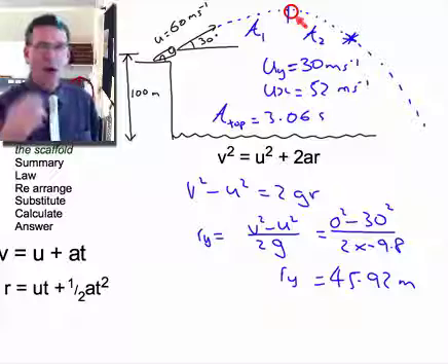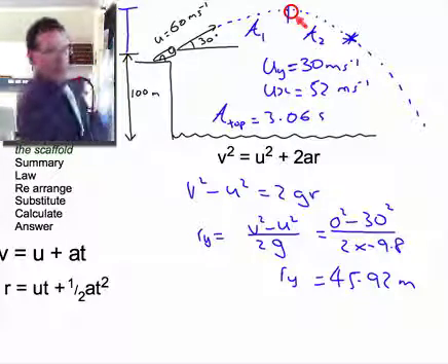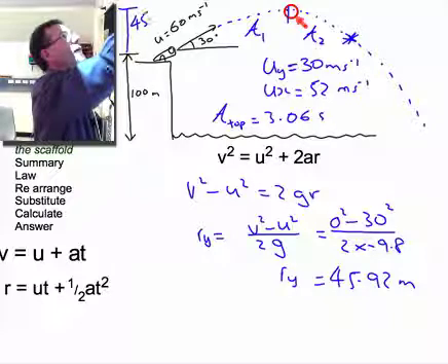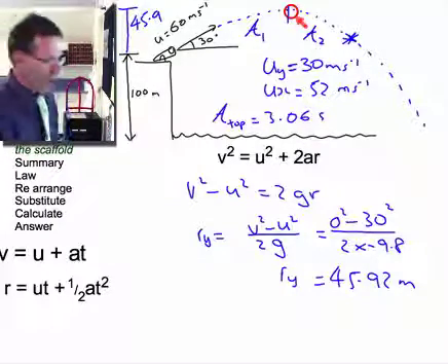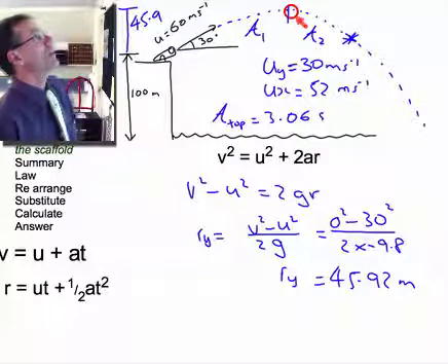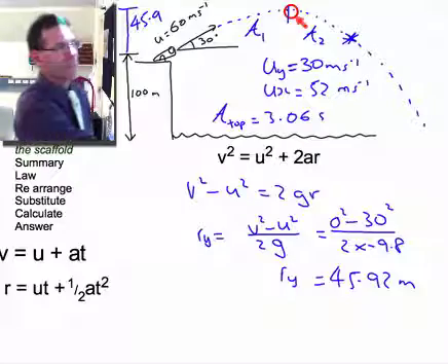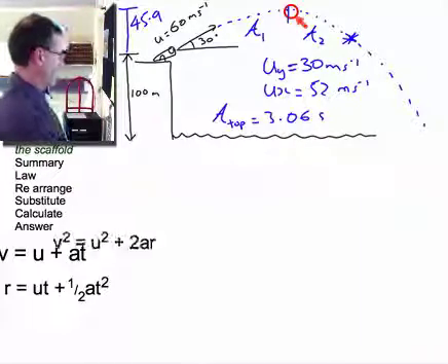So this is how much height it has gained. In other words, this is the extra height that it's made here, 45.9. Now the total distance that it has to fall, the height that it has to fall from, is 145.9 meters.